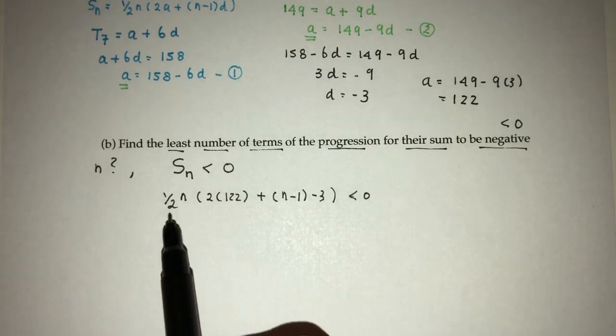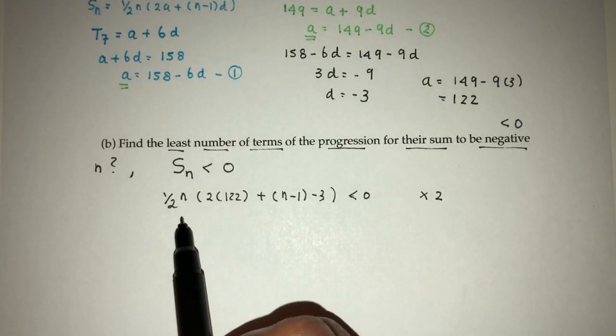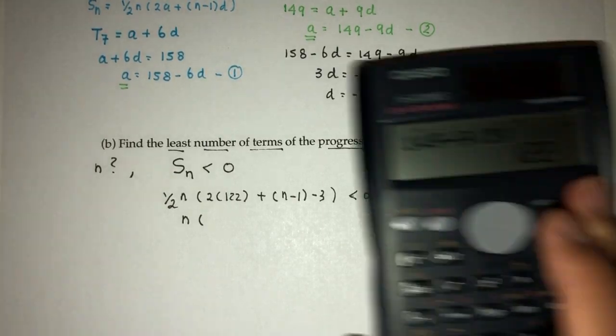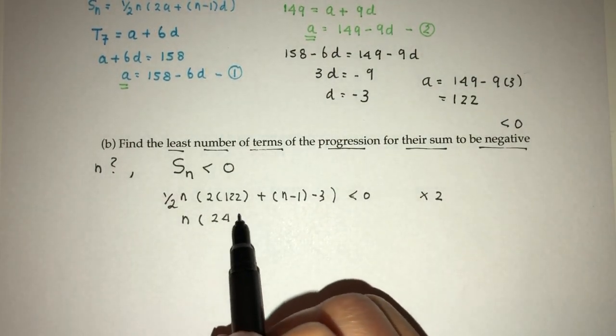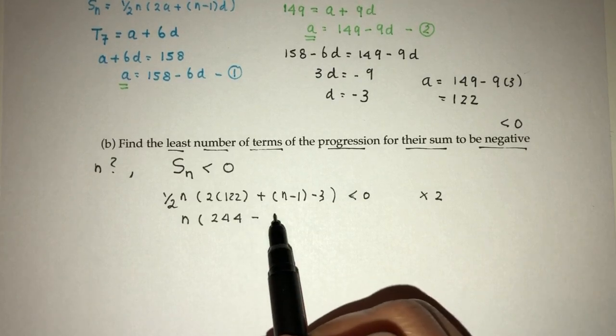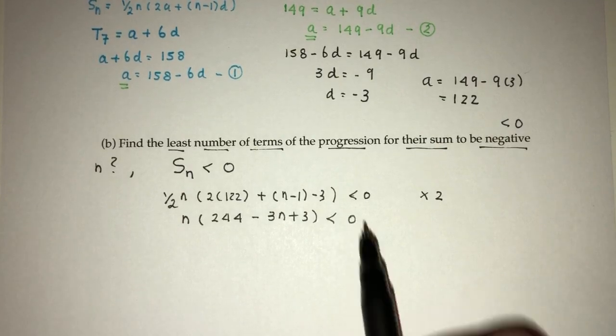First, we can eliminate the half by multiplying by 2 everywhere. You will have n, 2 times 122, that will be 244, minus 3n plus 3, less than 0.